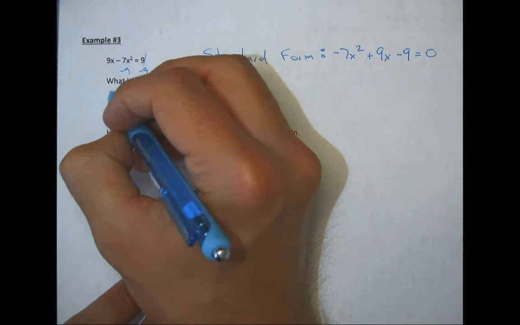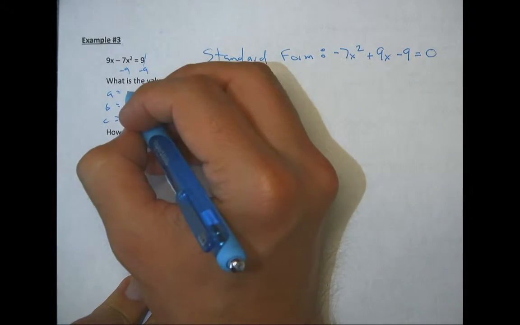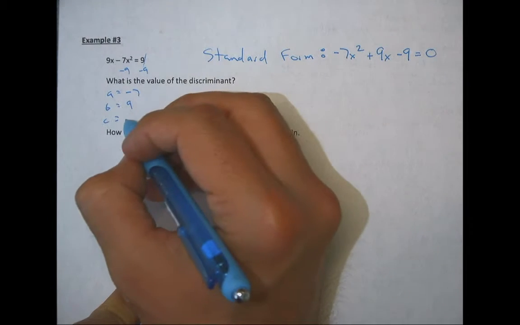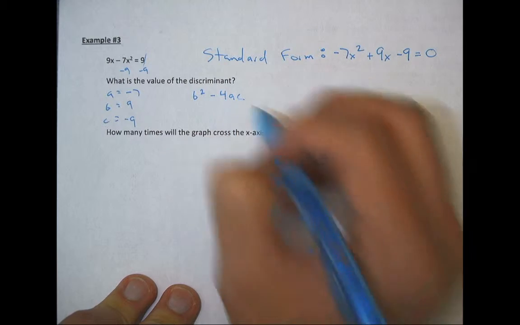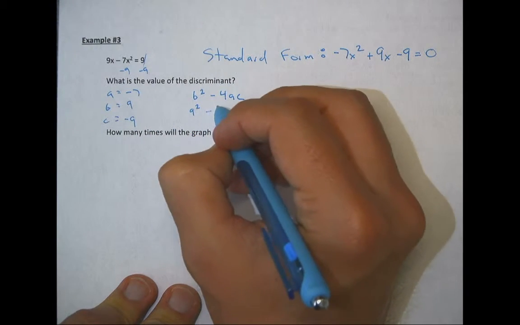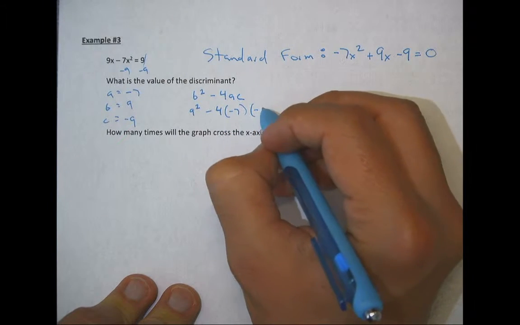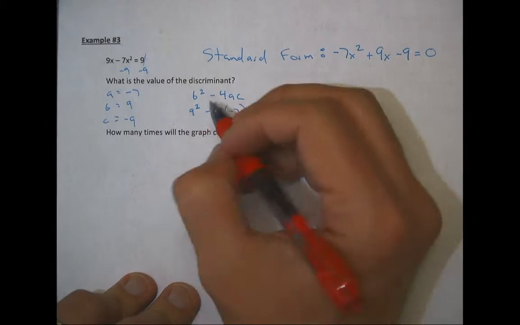So I need my a, my b, and my c. My a is -7, my b is +9, and my c is -9. And so I have b squared minus 4ac. I have 9 squared minus 4 times -7 times -9. So what happens here? 9 squared is 81.